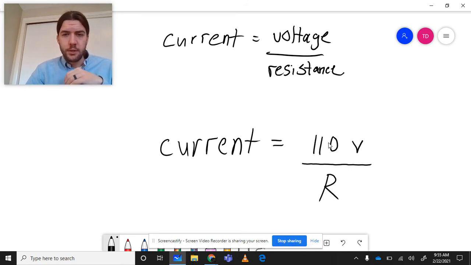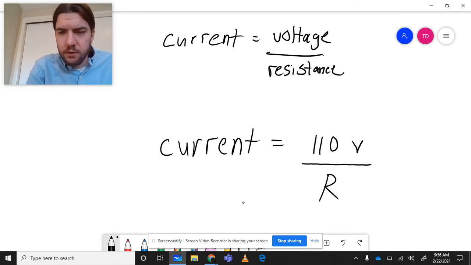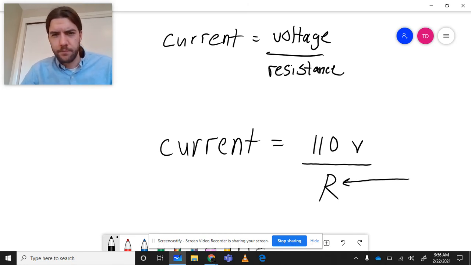If the voltage is constant, then there's something internal in this device that's allowing us to change the resistance. They're probably not swapping out different types of wires. Maybe they are changing the length of the wire that the electricity is going through. Maybe you're changing from one diameter to another. Whatever it is, we're imagining that this curling iron has the ability to change its resistance in the circuit.